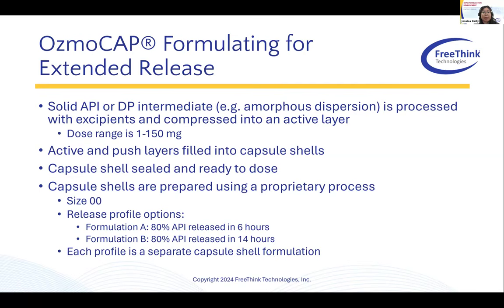Then the capsule shells will be sealed and ready to dose. Currently, osmocap capsule shells are size 00. And we have two formulations: Formulation A, which is 80% API released in 6 hours, and Formulation B, which targets 80% API released in 14 hours. For this project for compound X, both Formulation A and Formulation B were dosed to dogs.